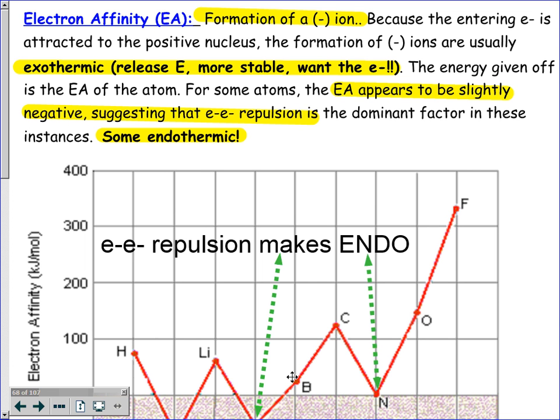But this is a special circumstance because once it hits in here, it now has an octet, which makes it more stable. So if there's any stabilization of the atom, it's going to be a very large exothermic value because when an atom is stable, it releases its extra energy, which is another way it becomes more stable. So the halogens are all going to be negative in their electron affinity value.